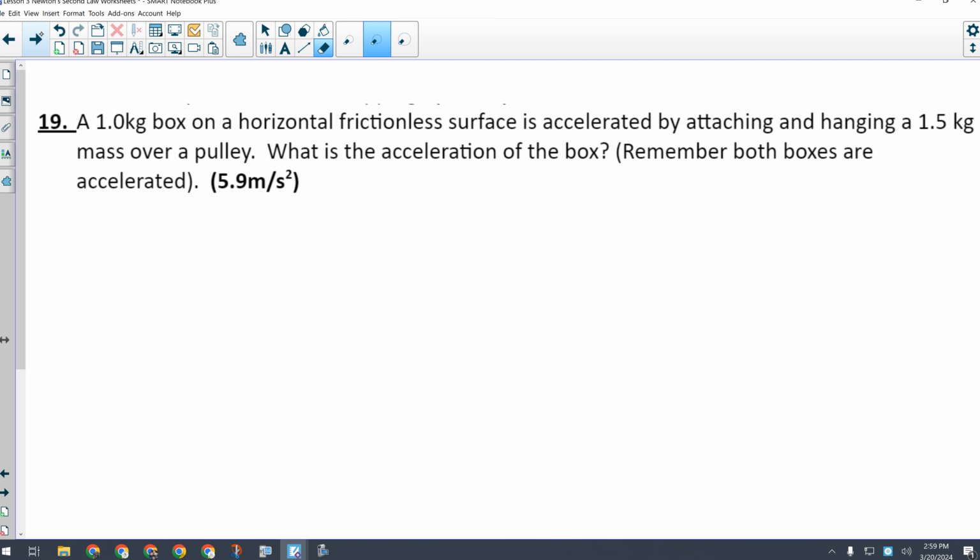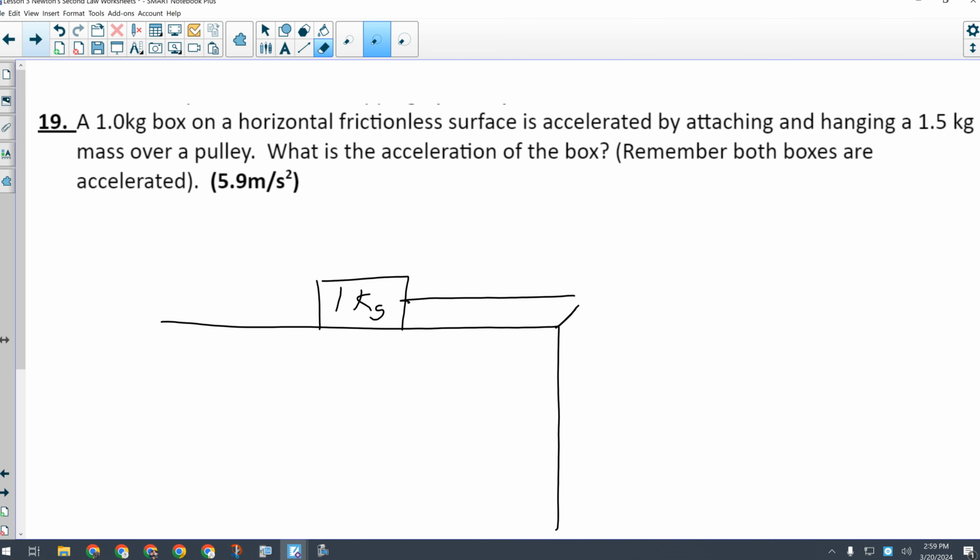Here's another one. This one's really different. I'm going to draw it for you, because that helps to be able to see it, and I want you to see if you can figure it out. So we've got a box on a horizontal frictionless surface, like this, and it's 1 kilogram. There's a rope attached to it that's strung over a pulley.